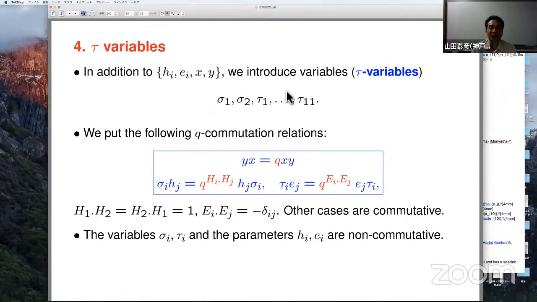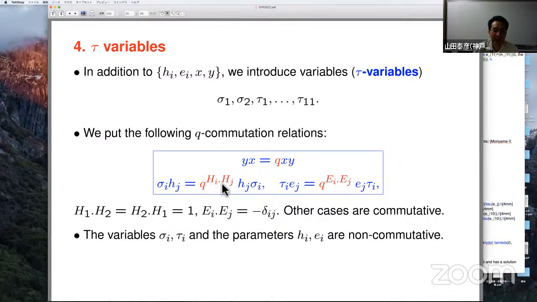These variables correspond to H1, H2, and E1, E2, and E11. And we impose the q-commutation relation between these parameters and variables.